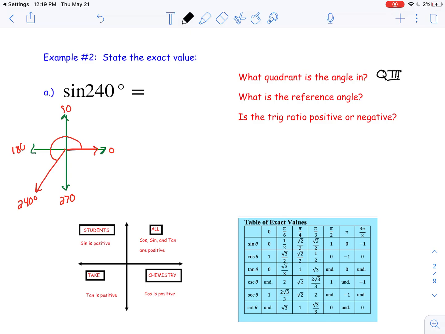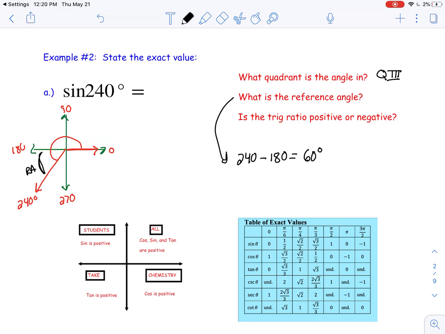What is my reference angle? My reference angle is in here. So my reference angle is going to be 240 minus 180. And so we get 60 degrees.